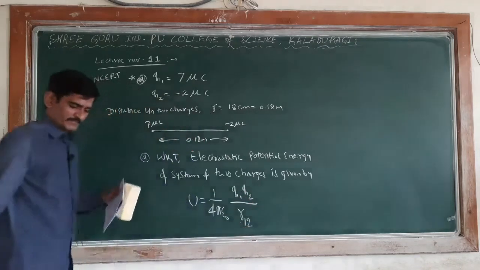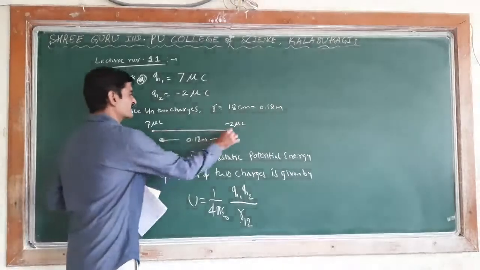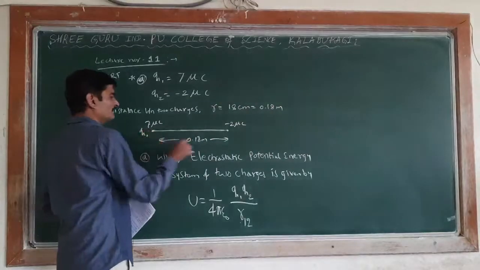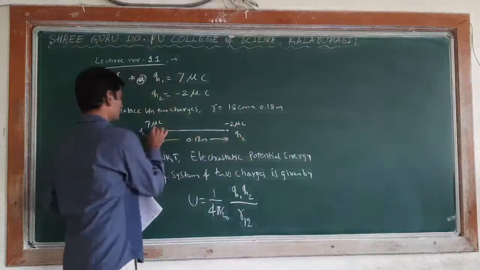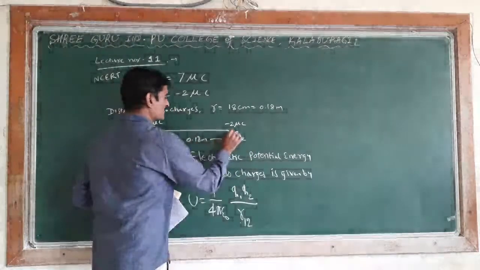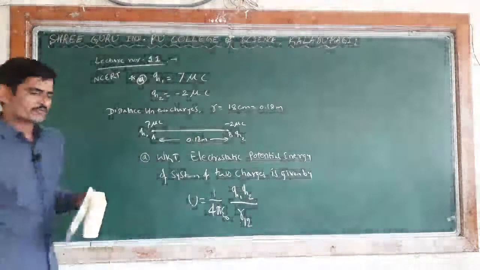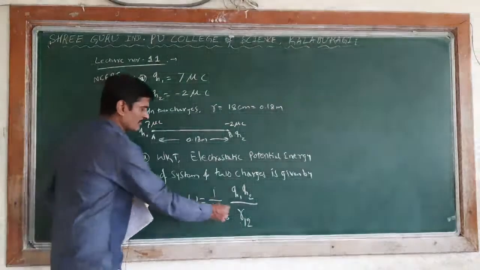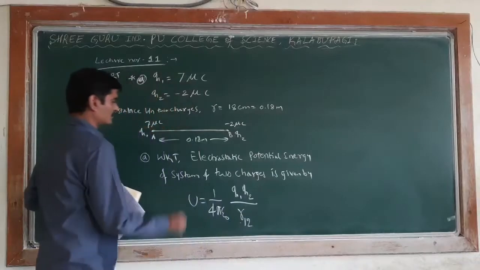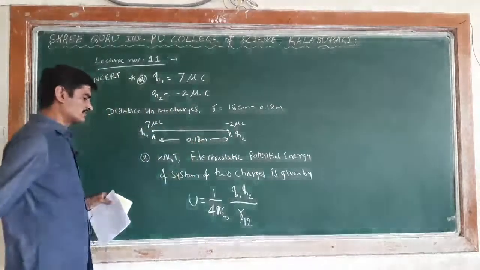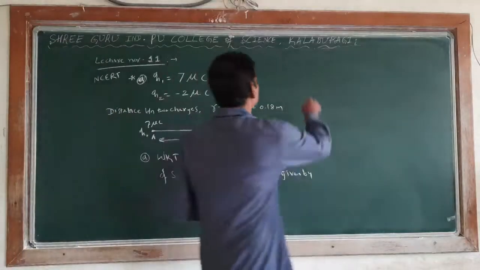What is R12? R12 is the distance between Q1 and Q2. This is Q1 and this is Q2, right? This is A, this is B, just for our understanding. So U is equal to 1 by 4 pi epsilon naught Q1 Q2 divided by R12. R12 is nothing but the distance between them, that is 0.18. Now substitute the values.